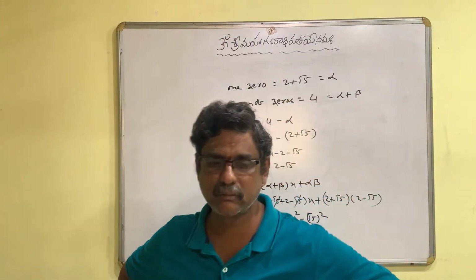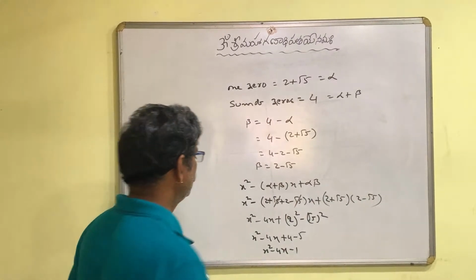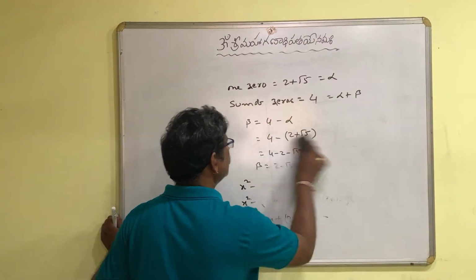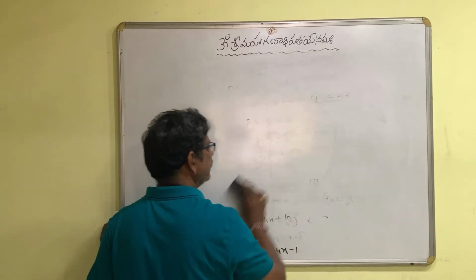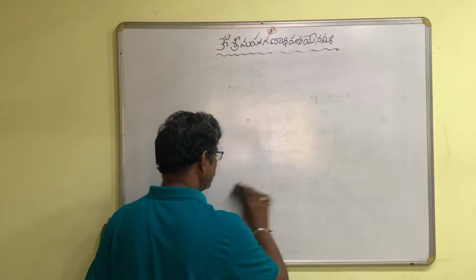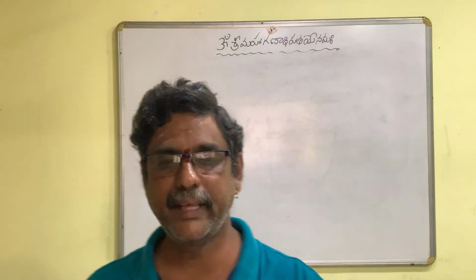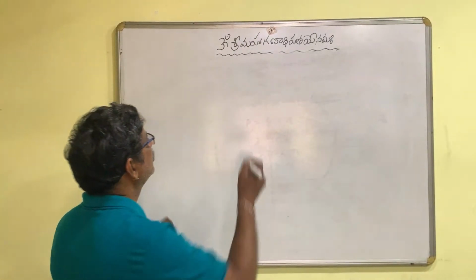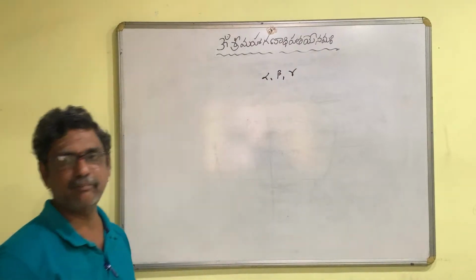Any other doubts? See, in Vedic Maths videos, even with 3 zeros, there is a formula. Alpha, beta, gamma are 3 zeros of a cubic polynomial.